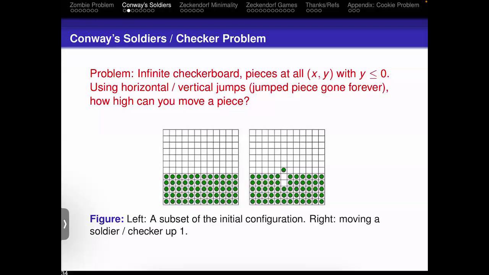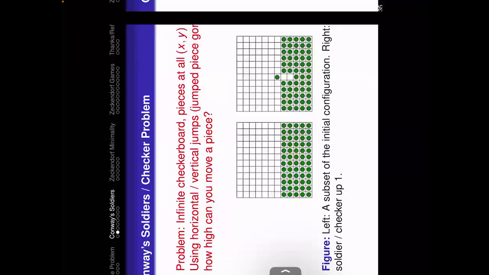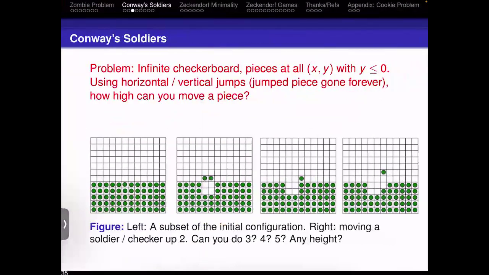Good. Perfect. So we have a series of configurations. I think I moved things towards the right rather than to the left. It doesn't really matter.